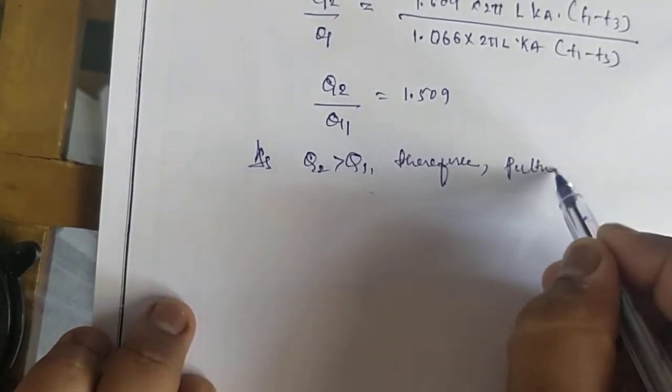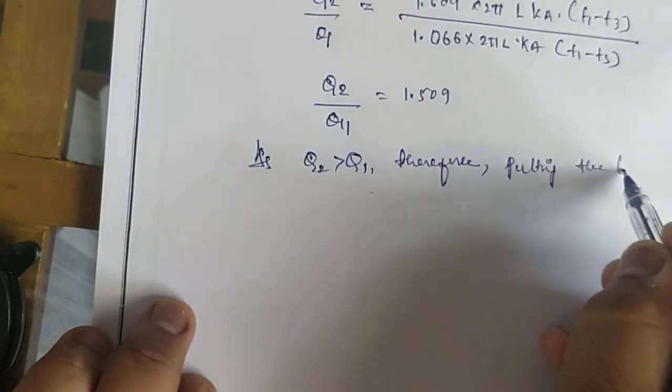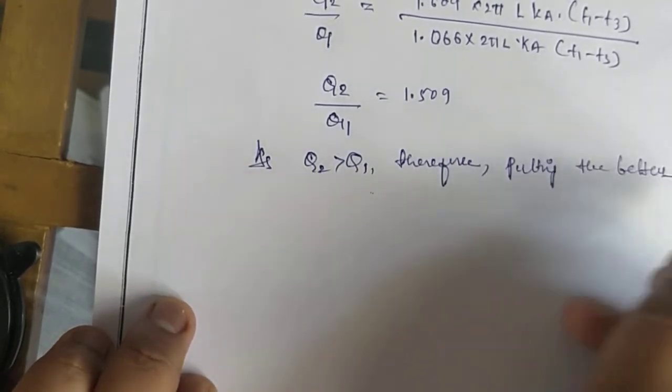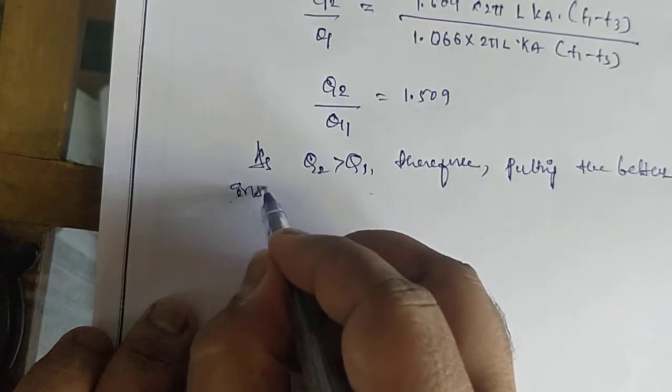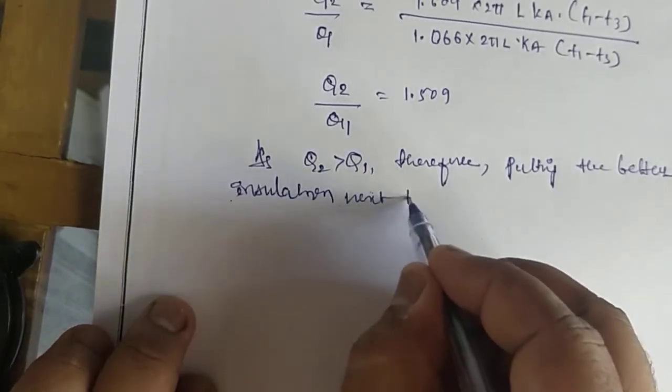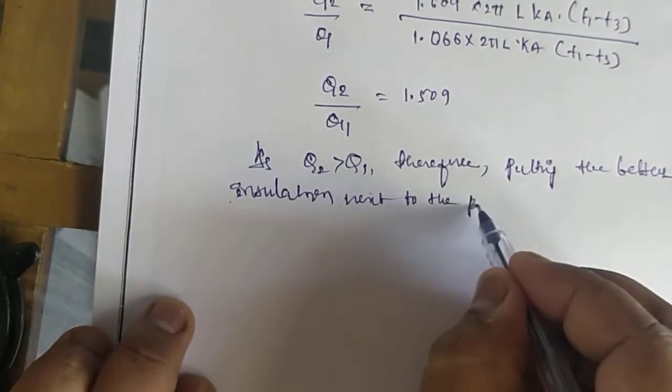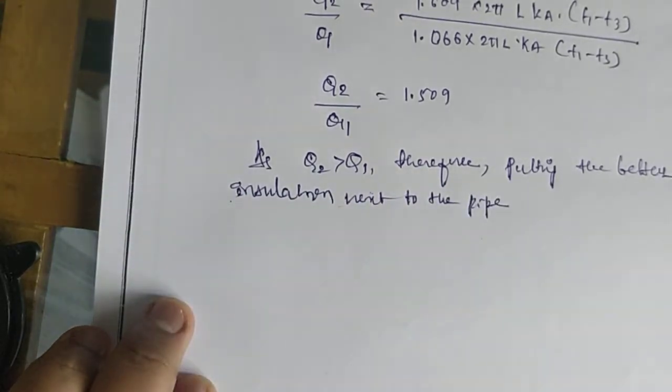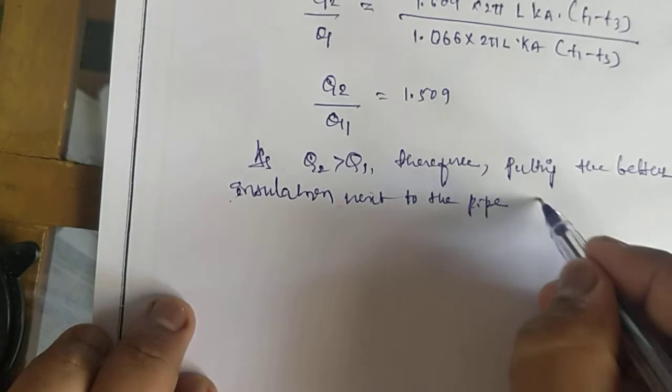Therefore, putting the better insulation next to the pipe decreases the heat flow.